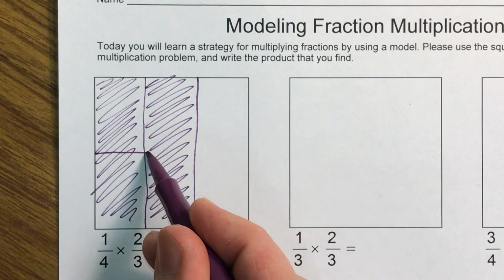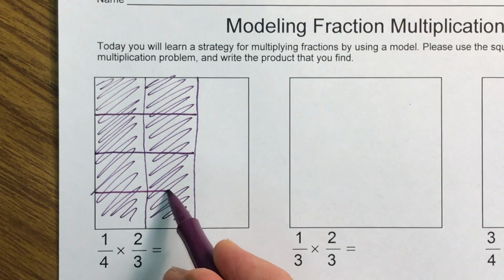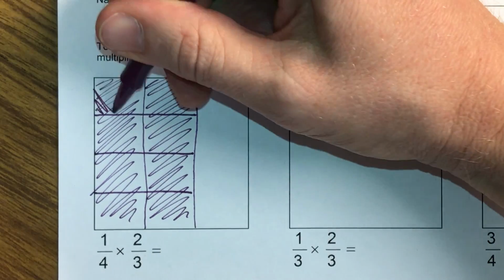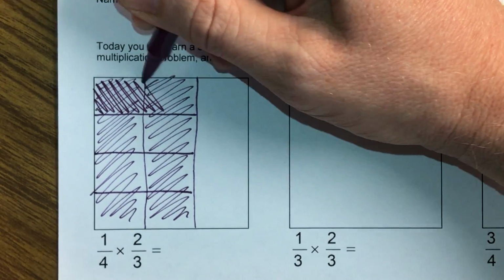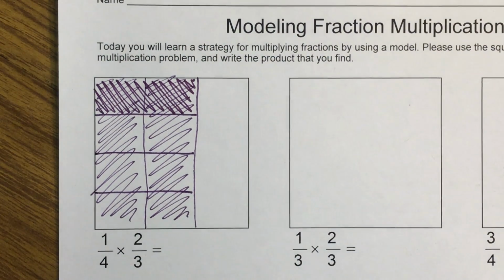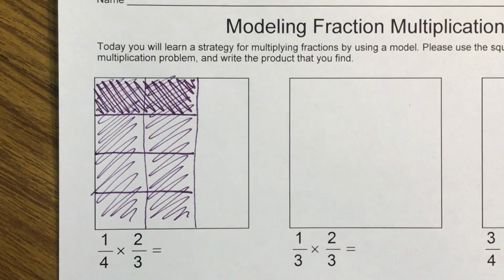Now what I'm going to show is what happens if I eat 1/4 of those brownies. So I'm going to divide this up into fourths, and eating 1/4 would mean eating this top row of the brownies that are here. Okay, so what I can see is that this section right here shows what 1/4 of 2/3 is. All right.